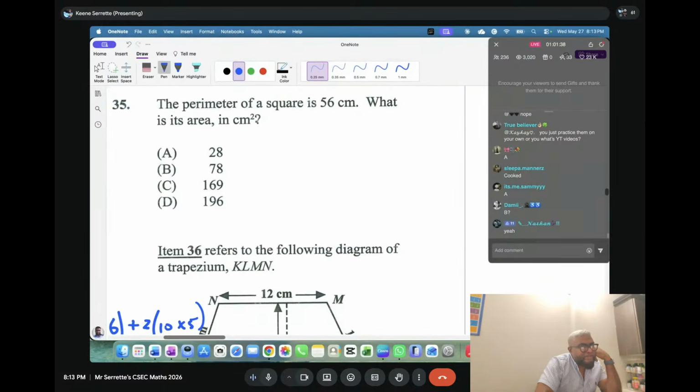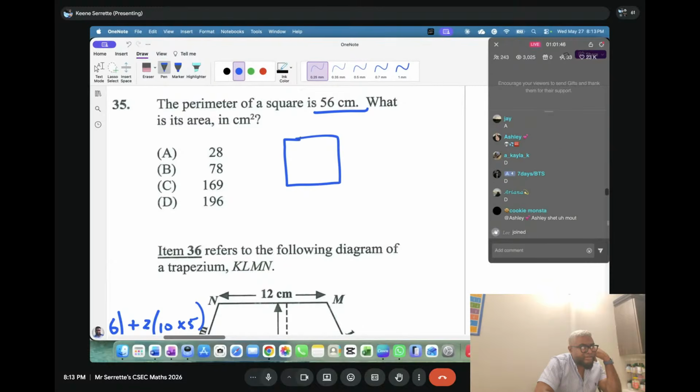The perimeter of a square is 56 centimeters. So one side would be 56 divided by how many sides does a square have? 4.